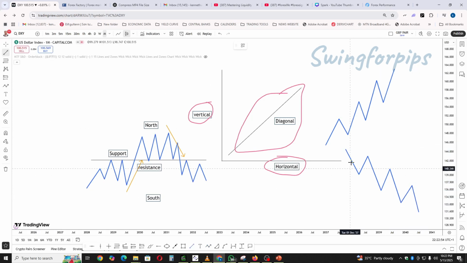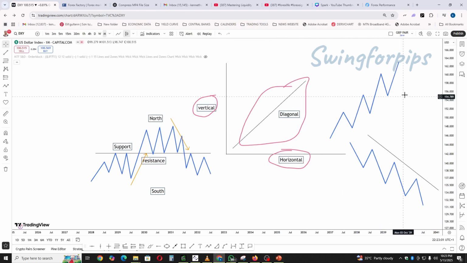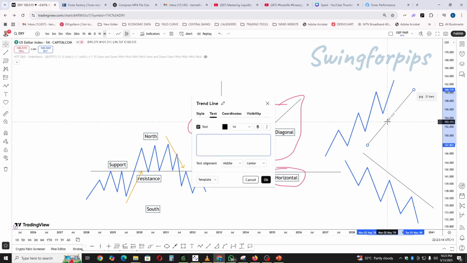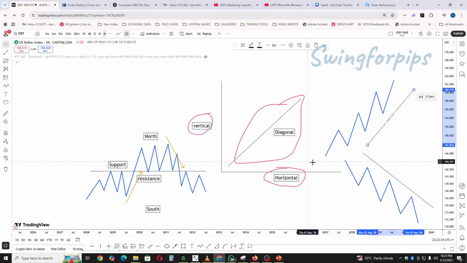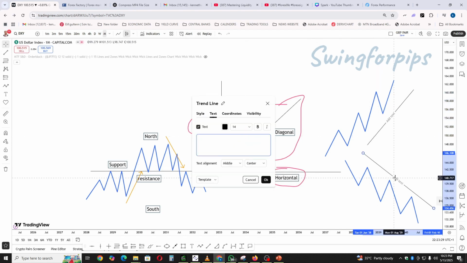In our other classes coming up, we're going to be defining these terms: bearish, and then price also being bullish, going in this direction. So this is a bullish trend, and here we have a bearish trend.